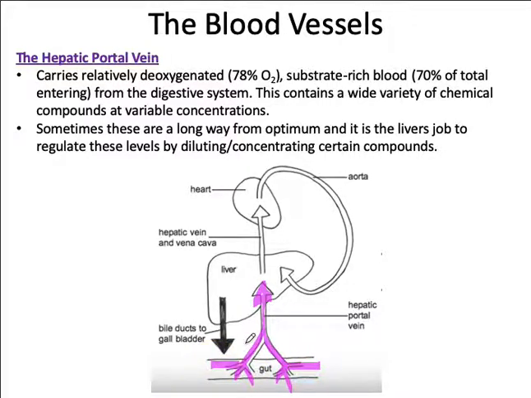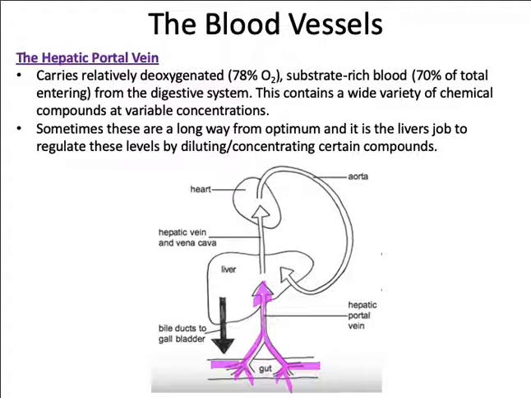So blood coming along here, forming the hepatic portal vein, supplying blood to the liver. Of course, this is a vein because it's returning blood back towards the heart. It's responsible for the remaining 70% of the total blood entering the liver, and it's relatively deoxygenated. It's about 78% saturated.